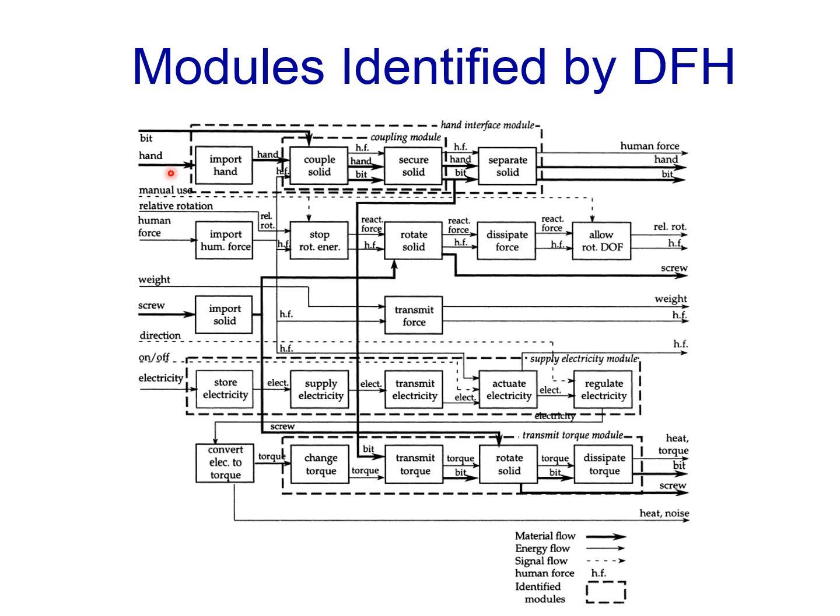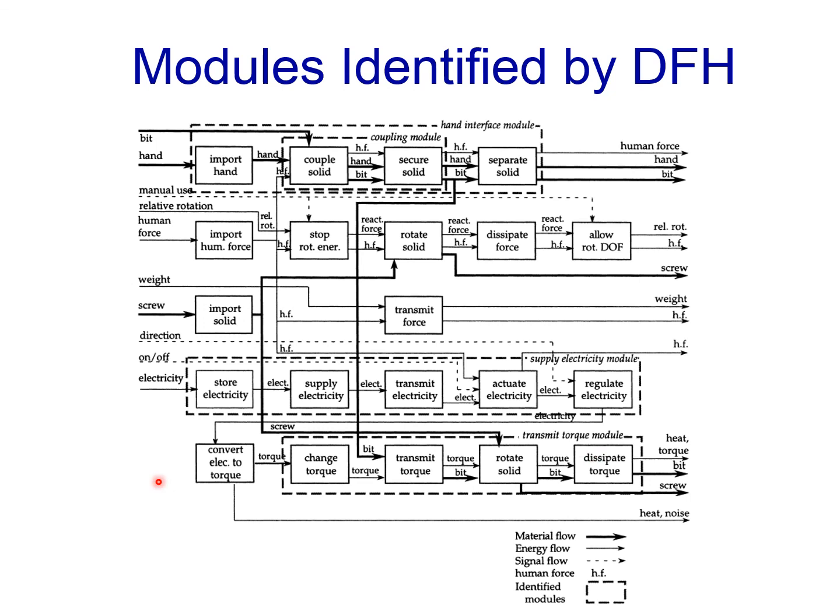The flow torque right here emerges from the convert electricity to torque subfunction and travels through the subfunctions change torque, transmit torque, rotate torque, and dissipate torque. Here the heuristic identifies these four subfunctions as transmit torque module.